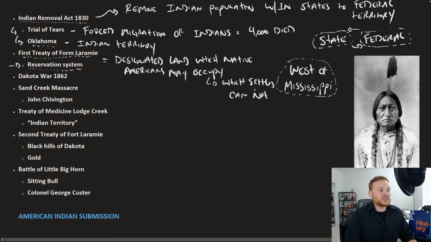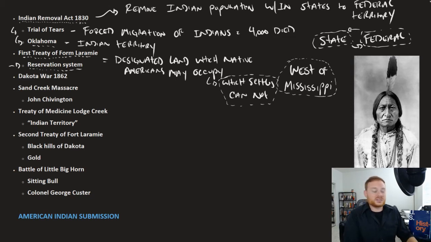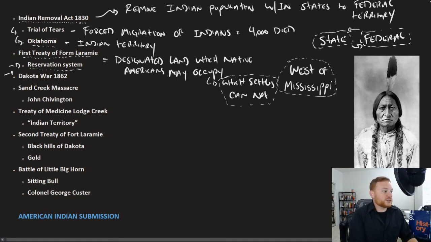The problem was that this part of the bargain didn't hold up, and in many cases, settlers continued to settle on land that was specifically set aside by treaties for Native Americans, and this led to conflict. The Dakota War was one example of a conflict that broke out due to treaties essentially being broken.